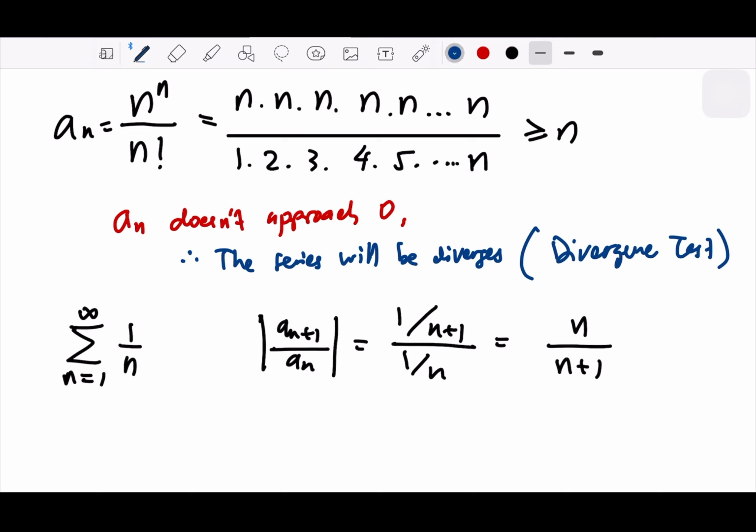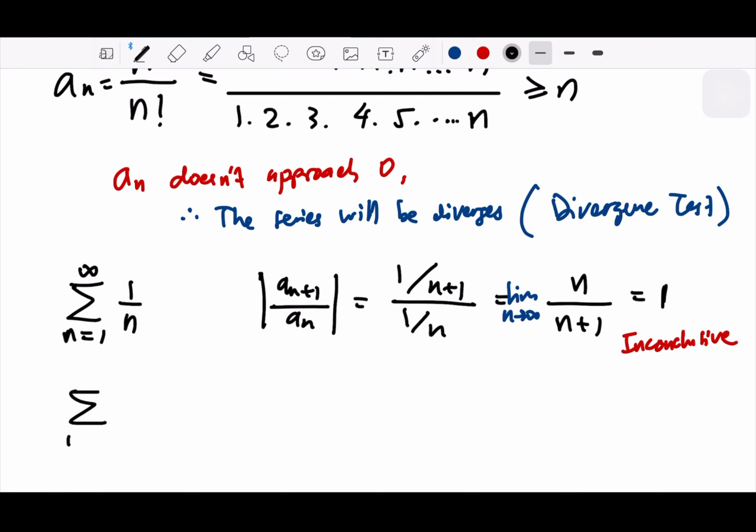If we take the limit, this results in 1, right? Which means it's inconclusive, so you need to try another method. And of course, we know that the harmonic series diverges.